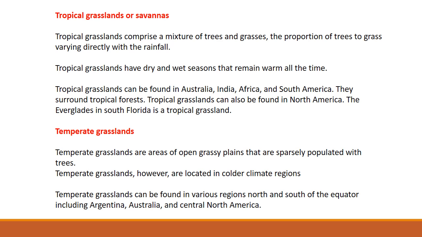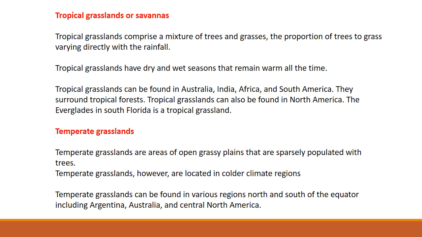They have tall grasses with scattered shrubs and stunted trees, and animals like zebras, giraffes, antelopes, etc. Tropical grassland comprises a mixture of trees and grasses. Tropical grassland can be found in Australia, India, Africa, and South America.